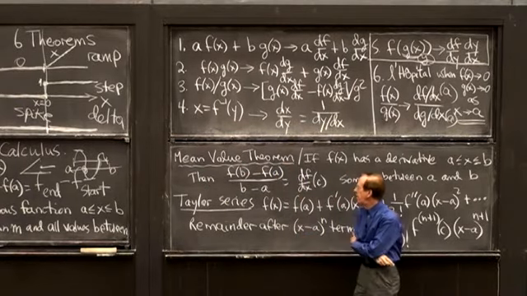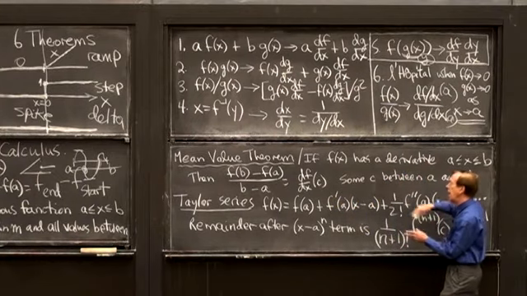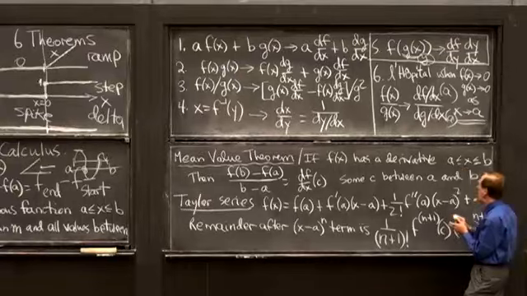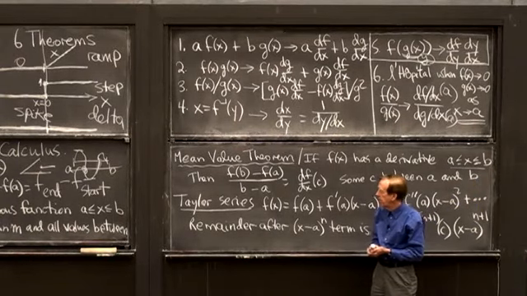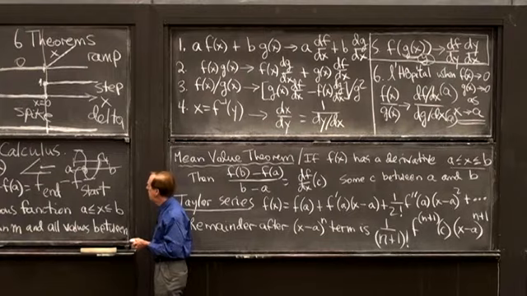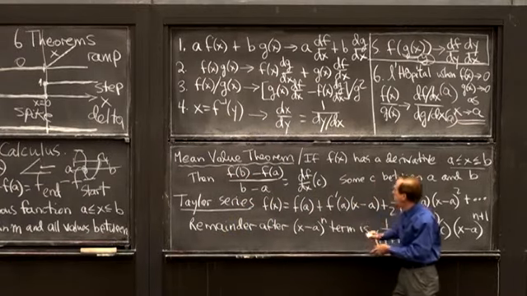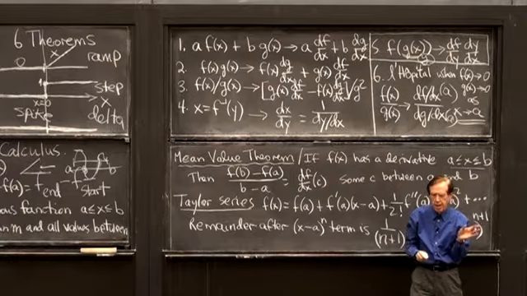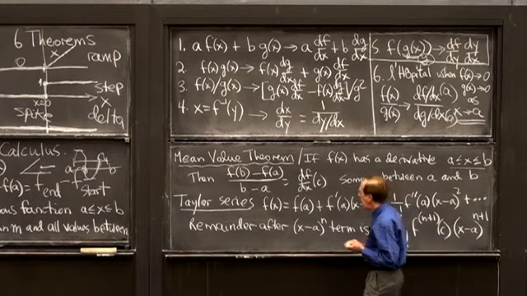That's a neat theorem. Okay, again, now here our function is going to have a derivative over some region. So this function f of x, here's the idea of the mean value theorem.